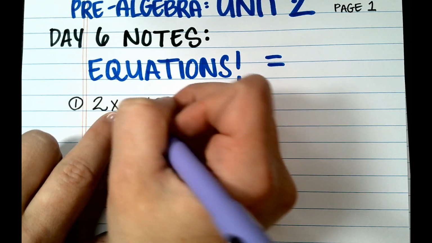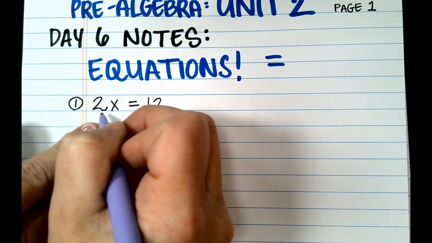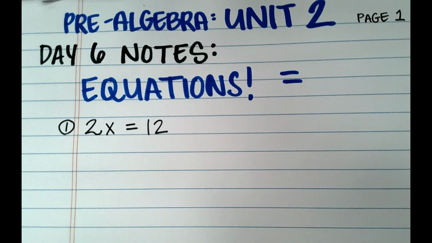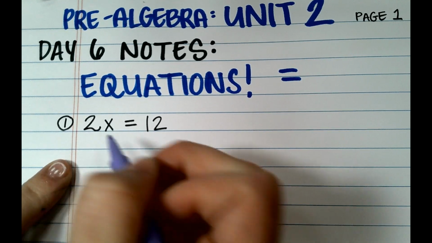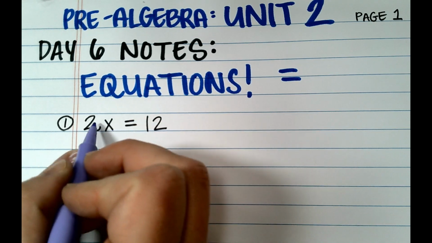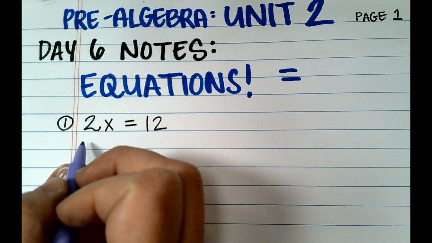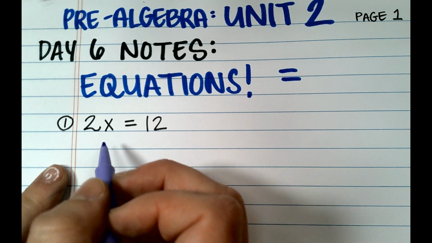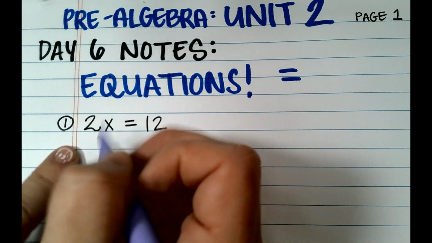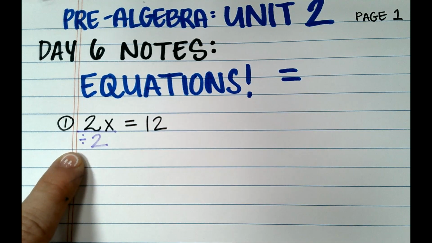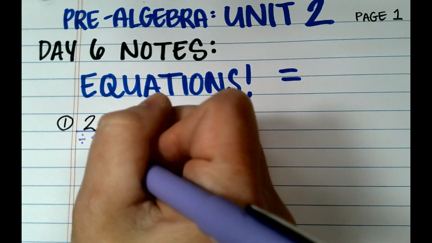We want to get x equals a number. I need to get rid of this 2. So to get rid of this 2, we're going to use the opposite operation. Since this is 2 times x, what would be the opposite of multiplication? Division. I'm going to divide by 2 on this side.